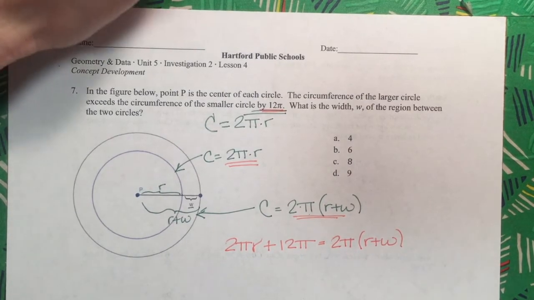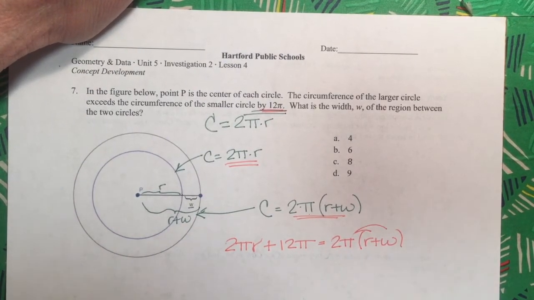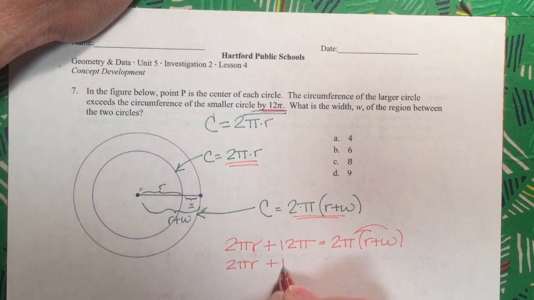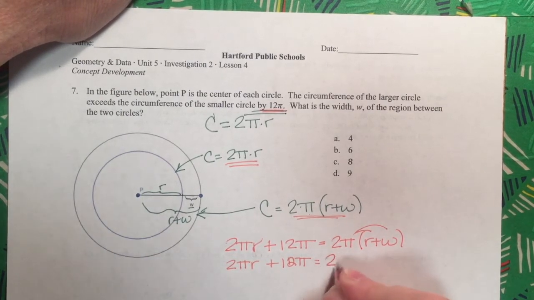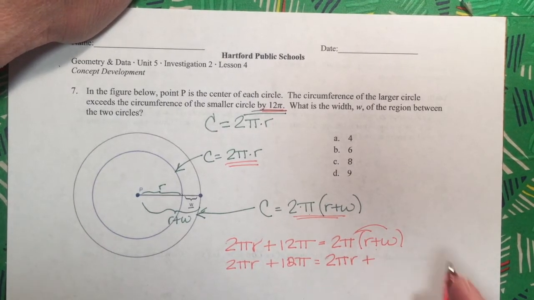At this point, folks, this is just algebra. So the first thing we're going to need to do is distribute here, get rid of the parentheses. So we have 2 pi r plus 12 pi equals 2 pi r plus 2 pi times w.